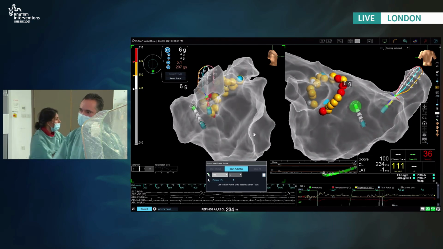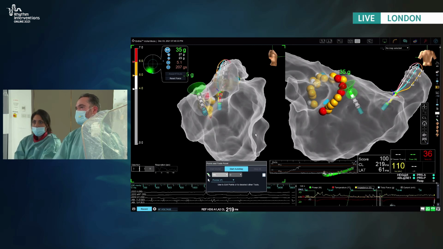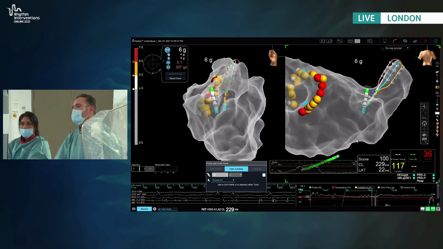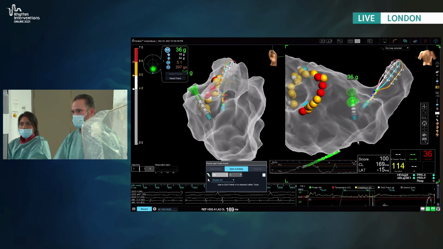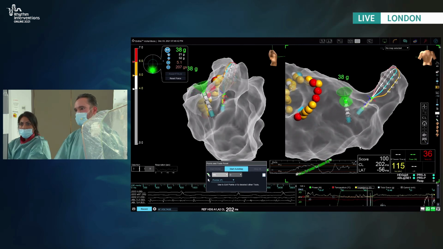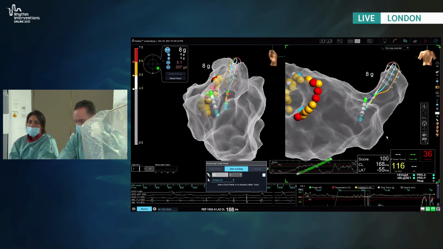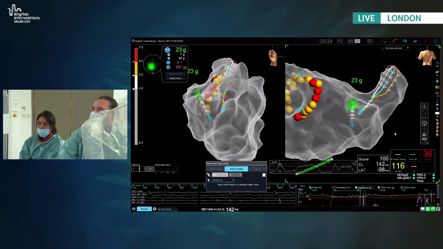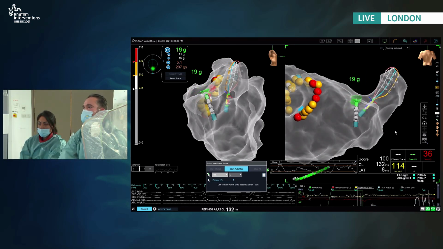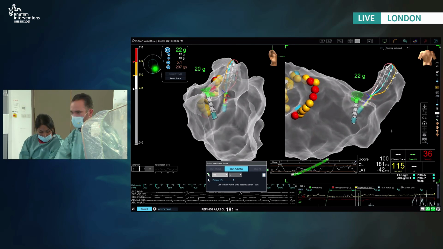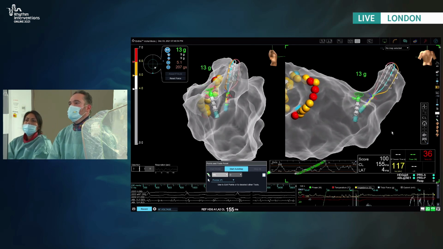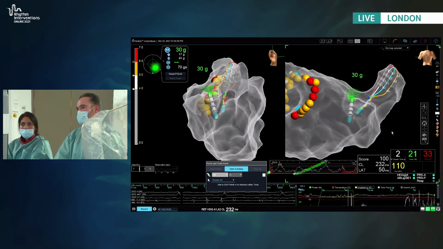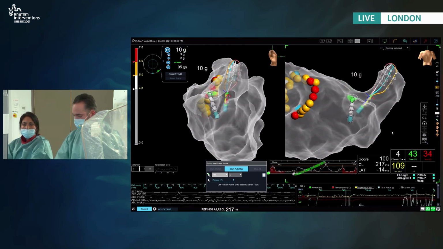We developed an approach targeting areas that we thought were consistently leading from multipolar catheters, like HD grids, but more often pulmonary vein mapping catheters back then. And we essentially tried to automate that through the star mapping. So trying to take lots of signals, whether it's from baskets or other multipolar catheters, and pick out areas that would lead other electrograms most often.